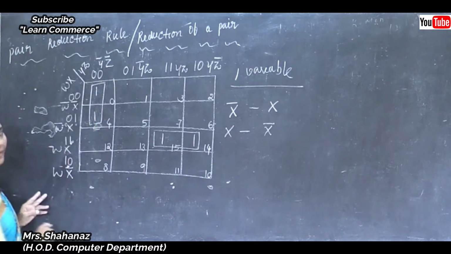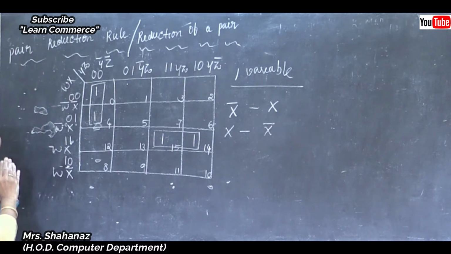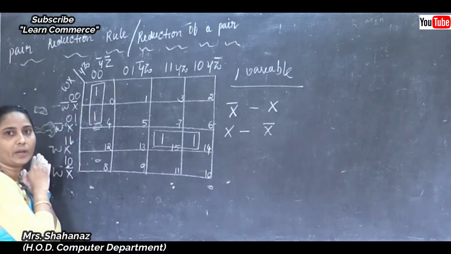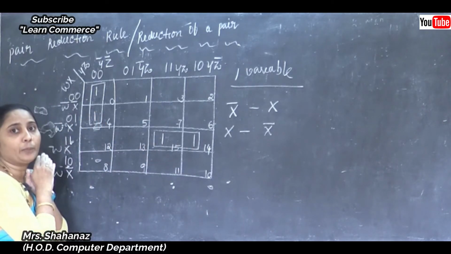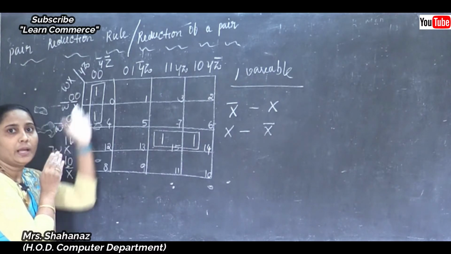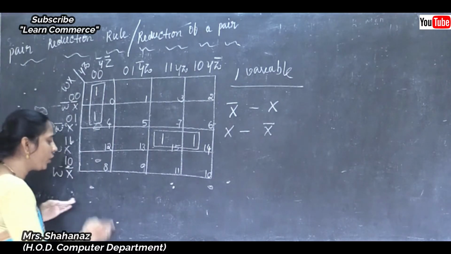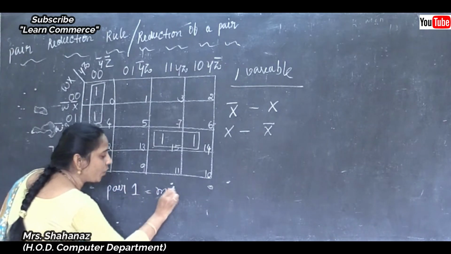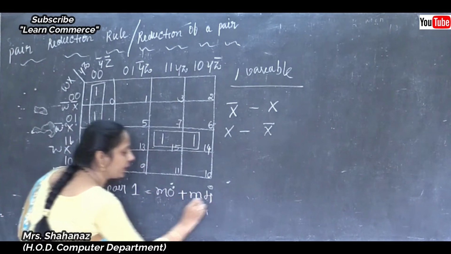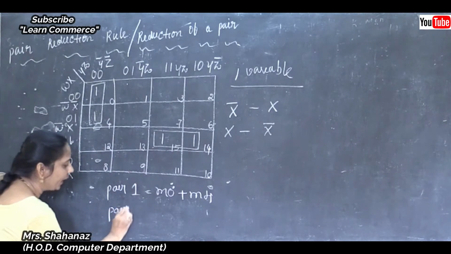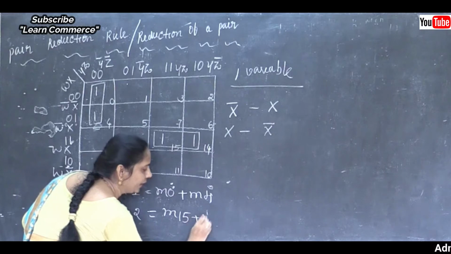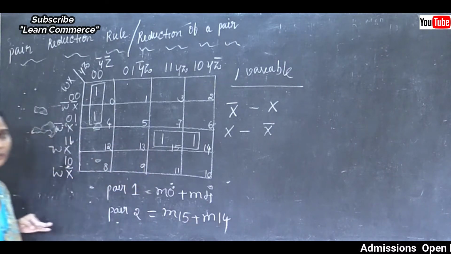Now I am encircling 2 ones as a pair, and for 15 and 14 also 1 and 1, that means a second pair. Pair 1 is m0 and m4, and pair 2 is m15 and m14.